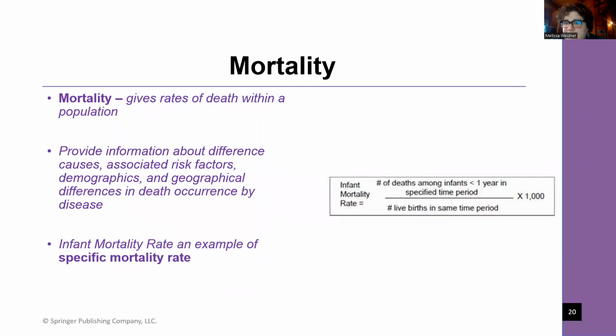Specific mortality rates can vary by age, sex, race, disease, or any population identifying variable. So when we look at the infant mortality rate, it's the number of deaths in infants less than a year old in a specific time frame over the number of live births during that specific time frame times 1,000.